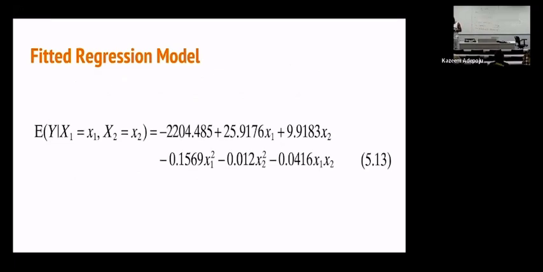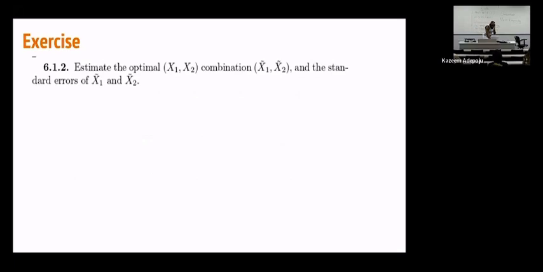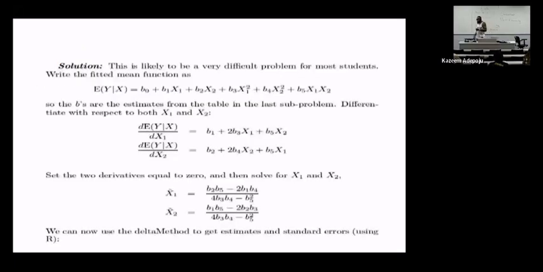Before you can get the optima, you need to first investigate whether x1 and x2 have a significant contribution, which we've already established. What we want to do now is go on and get the optima. You take the derivative with respect to x1 and with respect to x2.